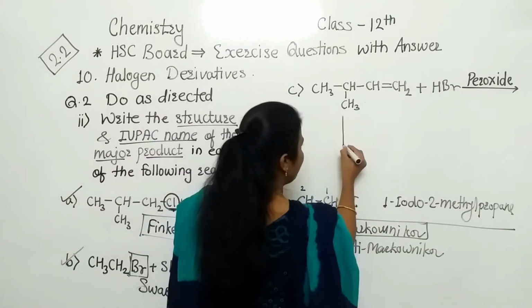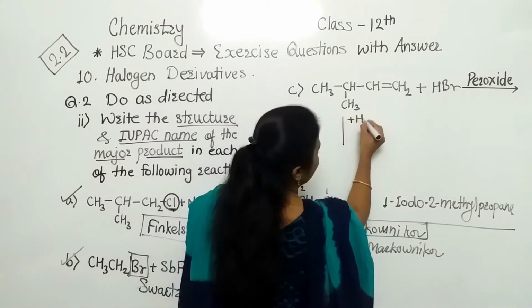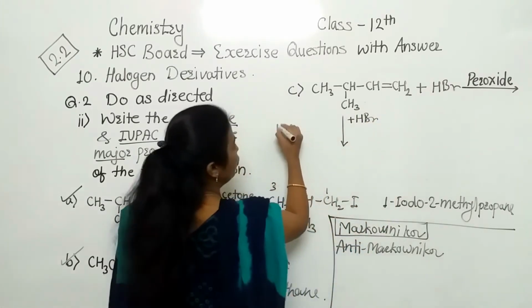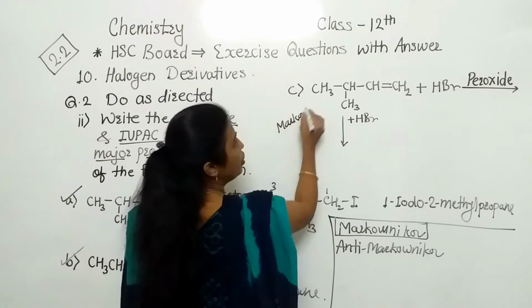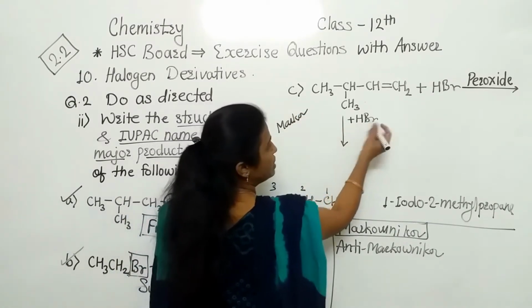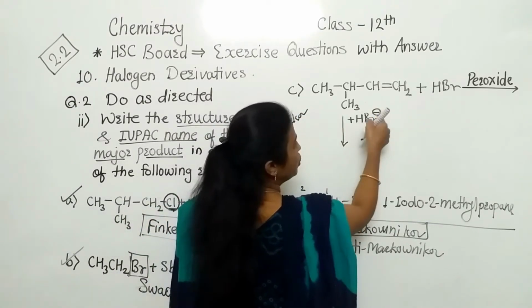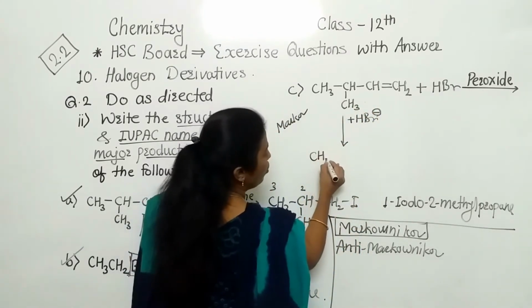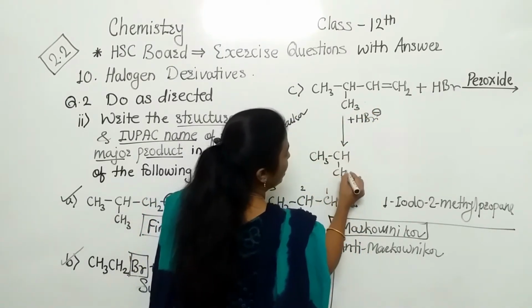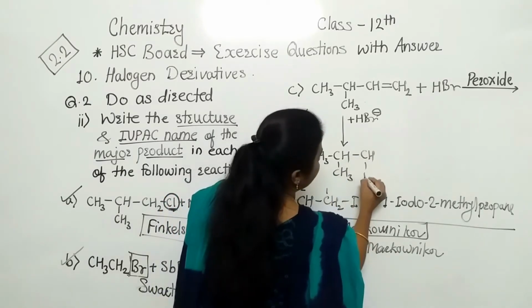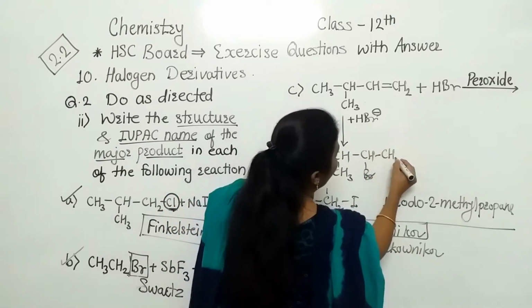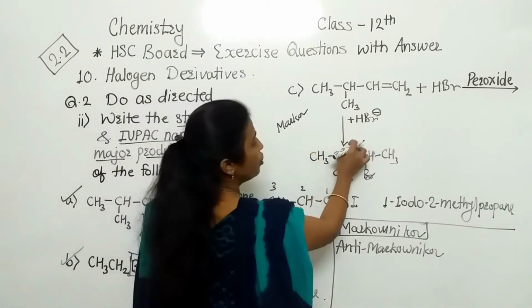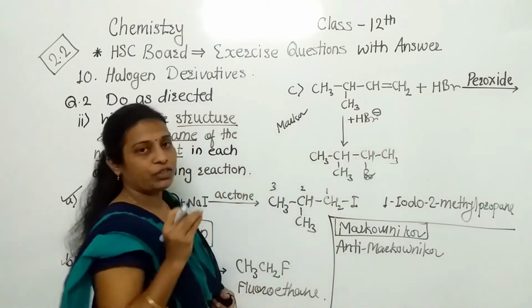So simply if there is an addition of HBr and there is no peroxide, then here we have to follow the Markovnikov rule, and that Markovnikov rule is that negative part of the reagent get attached to that carbon which having the less number of hydrogen. So we will get the product like that. This is the product when we are following the Markovnikov rule. That Markovnikov rule is in absence of the peroxide.